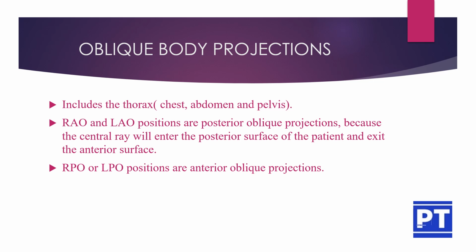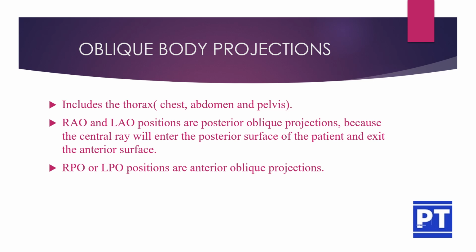Okay, that means before, we have discussed simply that we say right anterior oblique or left anterior oblique. From that term we can say that the anterior aspect of the patient is in contact with the image receptor and the ray is entering through the patient's posterior aspect. In the case of right posterior oblique or left posterior oblique positions, the ray is entering through the anterior aspect, so it is defined in some other way.